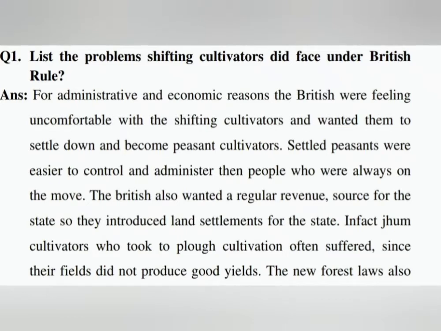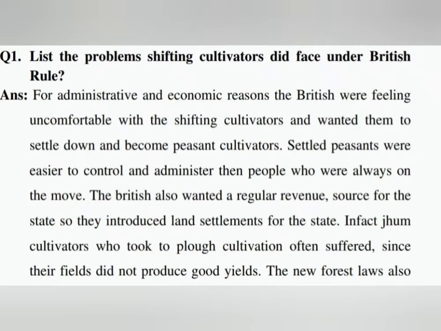Children, let's discuss and understand the problem. List the problems shifting cultivators did face under British rule. For administrative and economic reasons, the British were feeling uncomfortable with the shifting cultivators and wanted them to settle down and become peasant cultivators.